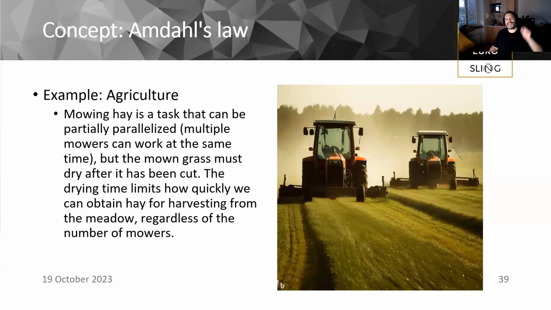And now comes the key understanding of Amdahl's law, and I will explain it here. So you have one tractor that can mow your enormous field of grass in 7 days, and the hay needs 1 day to dry so you can put it away.